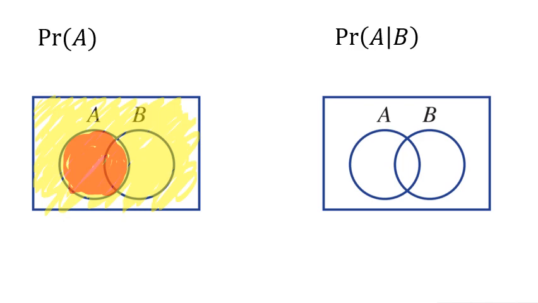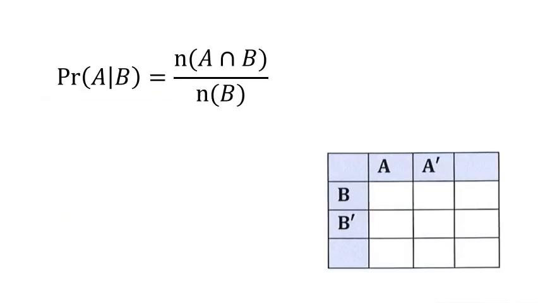If I asked you about the probability of A, given that B has already occurred, my sample space now is just this. This is what's already occurred, and the probability of A, given that B's already occurred, is just this section here. I want to show you what it means in terms of a two-way table.